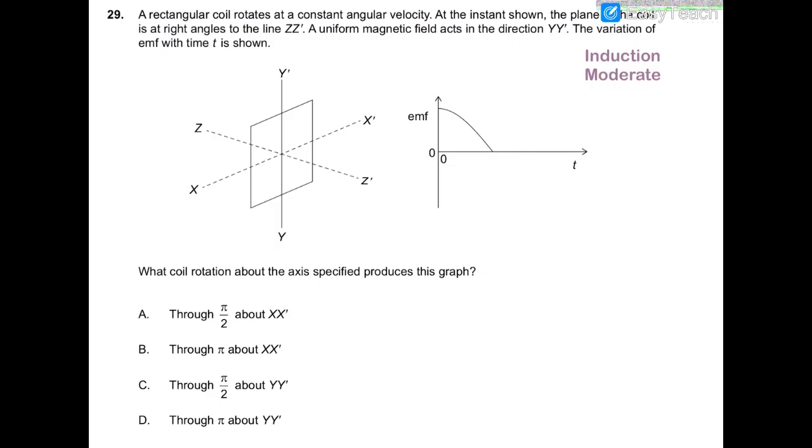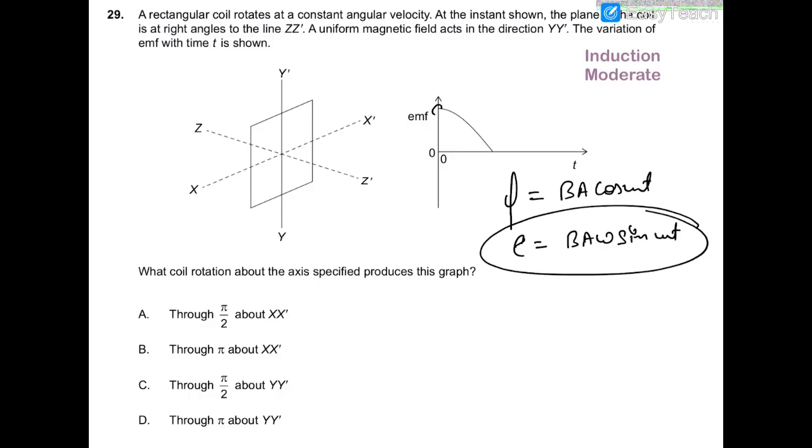We also know that flux phi is B A cos omega t, and EMF is B A omega sin omega t. So initially you can see that EMF is maximum, so initially sin omega t is maximum and omega t is pi by 2. So initially flux is 0.